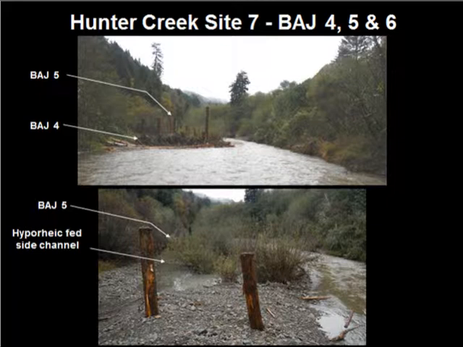So here's bar apex jam 4, 5, and 6. 6 is further downstream. It's just barely out of the picture, but we'll take a closer look at that in a second. So the purpose of 4 and 5 was to create a point bar feature. We anticipated getting some bank erosion here, and we did, and we now have a nice bar formed, and we're starting to develop floodplain wetlands in between bar apex jam 4 and 5.